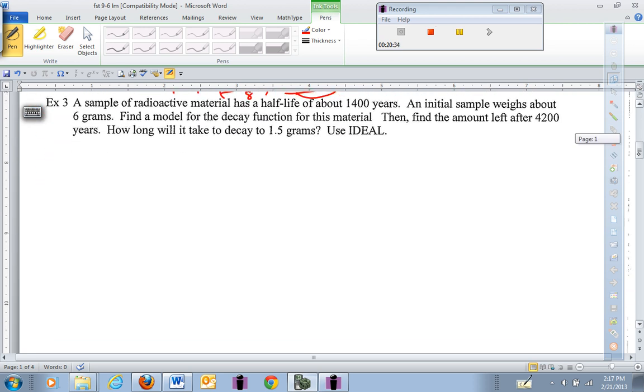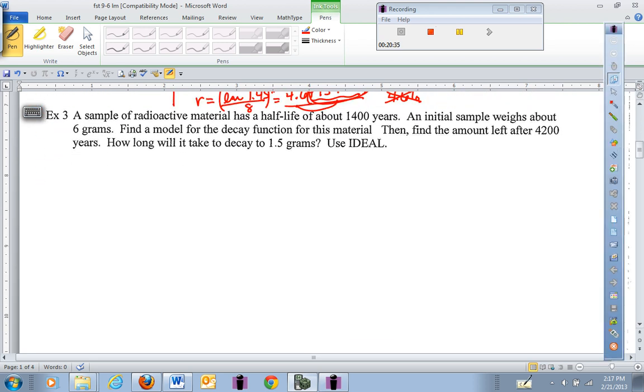Okay, we have a sample of radioactive material that has a half-life of about 1,400 years. An initial sample weighs about 6 grams. We want to find a model for the decay function for this material. Then we find the amount left after 4,200 years and how long it would take to decay to 1.5 grams. So this is actually asking us several questions.